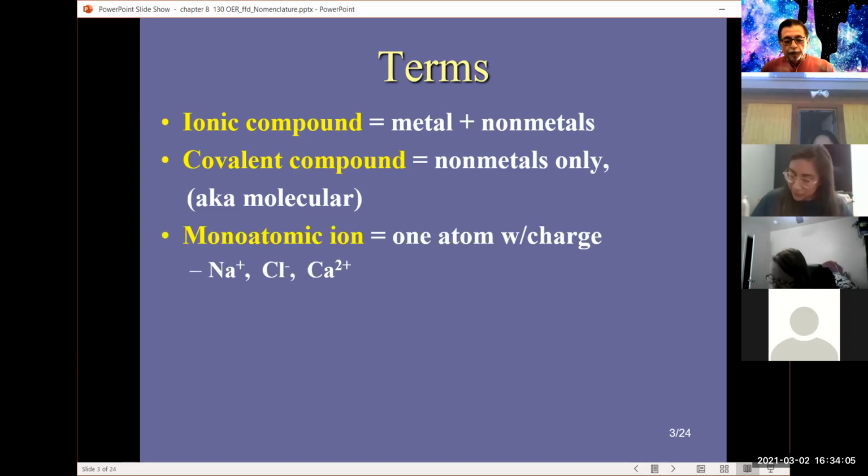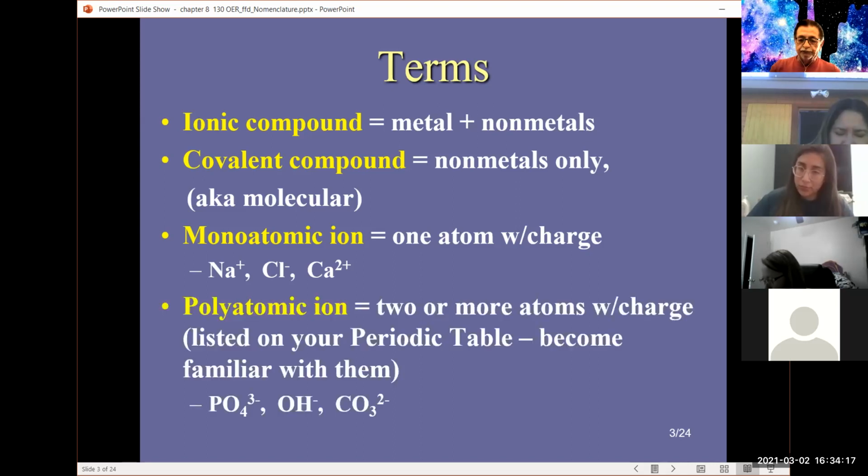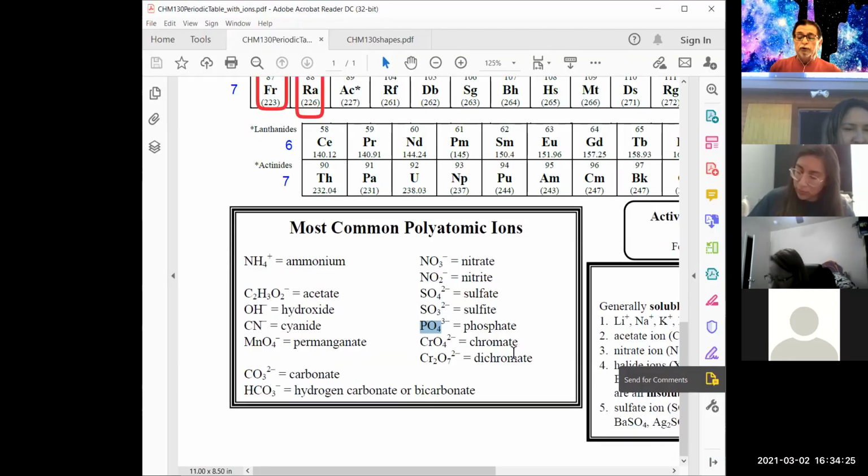All right. So monoatomic ions, as we know, just simply use the name. It's just a sodium ion, the chloride ion, the calcium ion. With no name change there, and the names for the metals remain the same. The polyatomic ions, as I stated within the table, there are multiple polyatomic ions, but the most common that we're going to be using are in this table here.